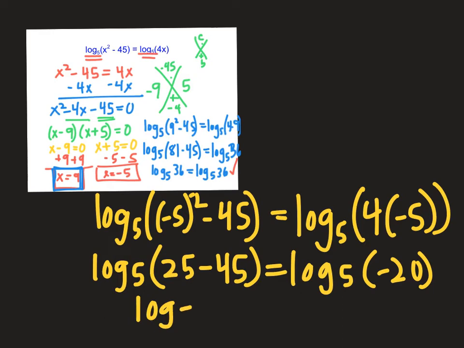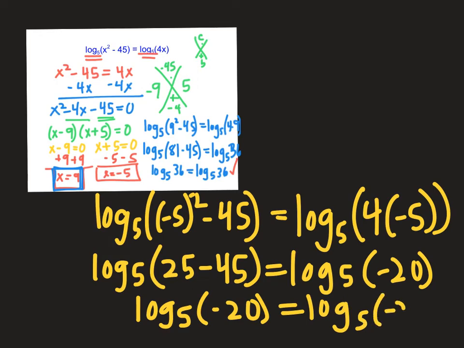So really I have log base 5 of negative 20 equals log base 5 of negative 20. Again, we can't take the log of a negative number. It won't give us a real answer. So since we end up with a negative 20 here and a negative number there, this final answer, x equals negative 5, will not work.